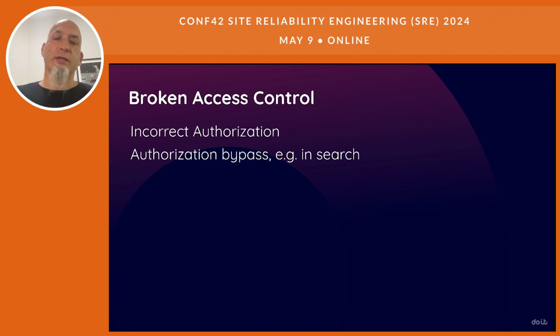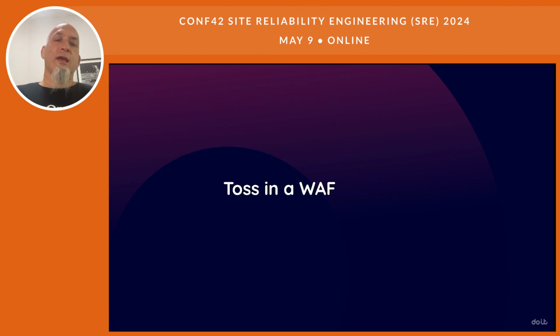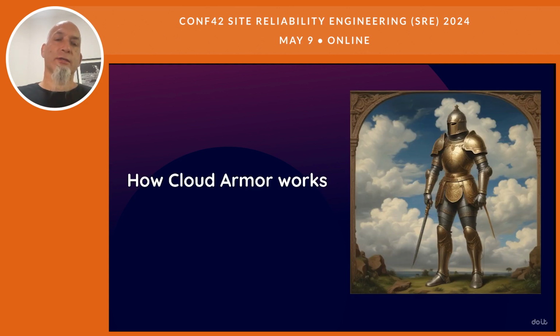Or search pages are often very vulnerable this way, because if you're letting your users search in some gigantic mess of text, and then, of course, the search results include snippets of text, do you know where those snippets came from? Is each one of them authorized to the person who was searching? But hey, let's toss in a WAF to protect against those threats we mentioned earlier and many others.